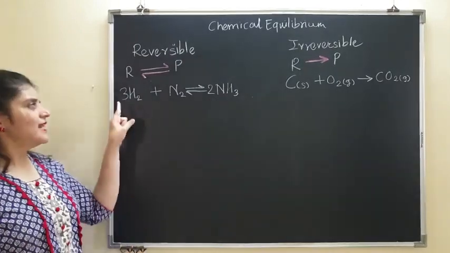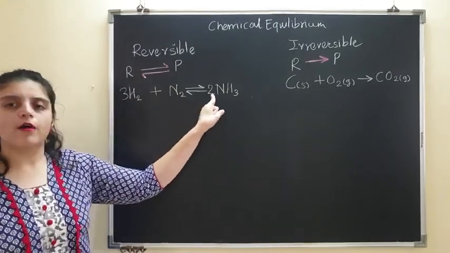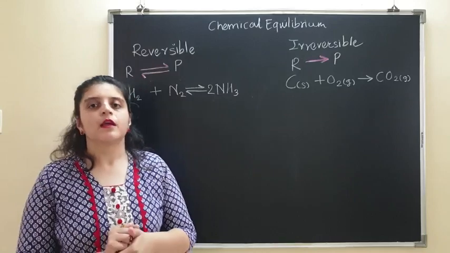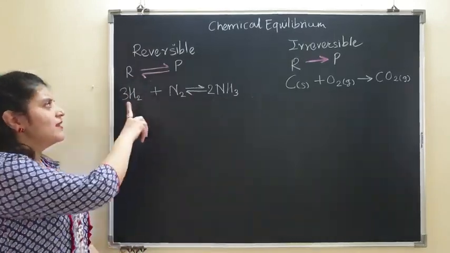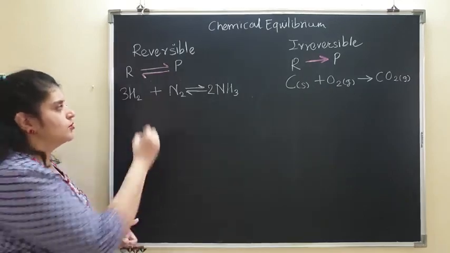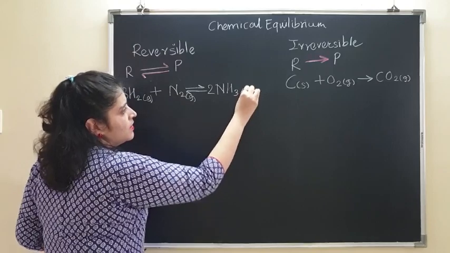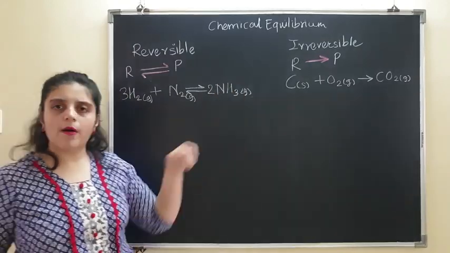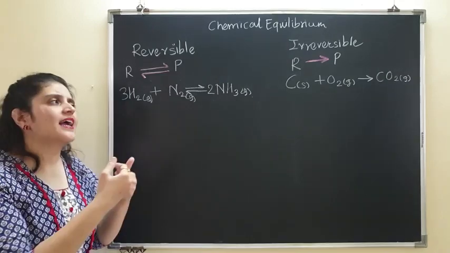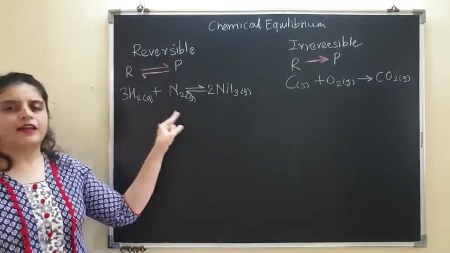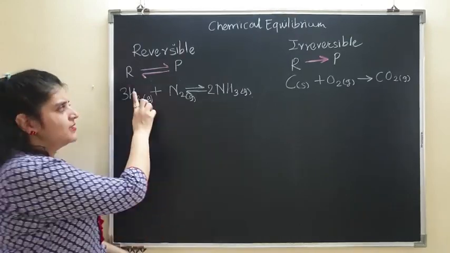If we balance the reaction, it will become 3 times H2 plus N2 will form 2 times NH3. So, such a reaction is reversible reaction when hydrogen and nitrogen will combine to form ammonia. As soon as ammonia is formed, it will again start giving hydrogen and nitrogen back. So the reaction is taking place in both the directions.